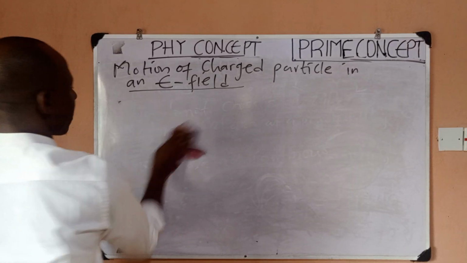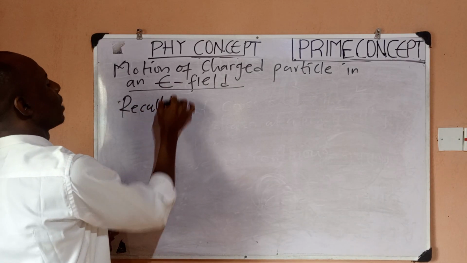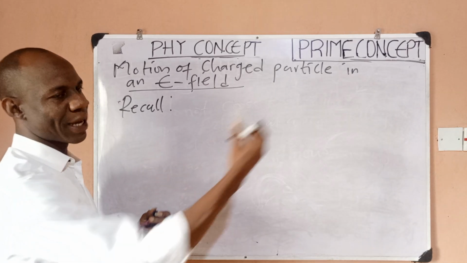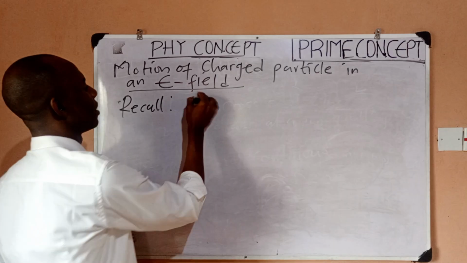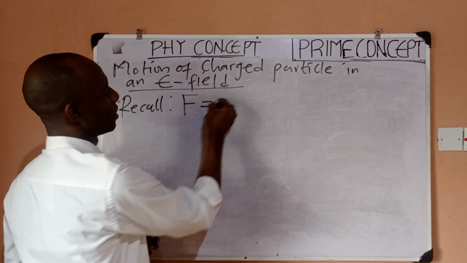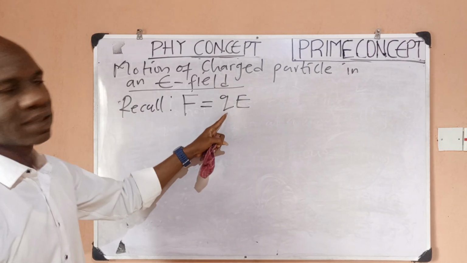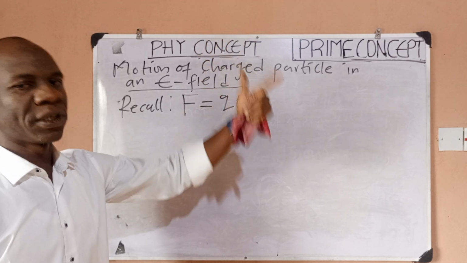Now, we earlier learned, if you recall, that the force experienced by a charged particle placed in an electric field is given as F equals QE. I believe you remember this, where Q is the test charge and E is the electric field strength, right?